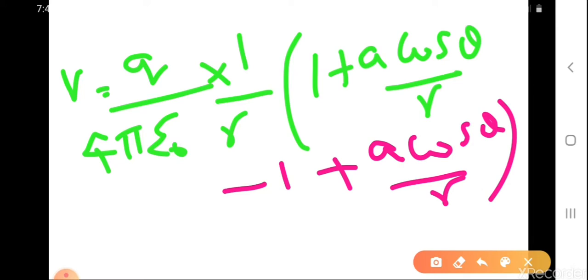Second step, Q by 4 pi epsilon naught into 1 by R can be taken out. Look at the note, you will get exactly. You can easily understand that.